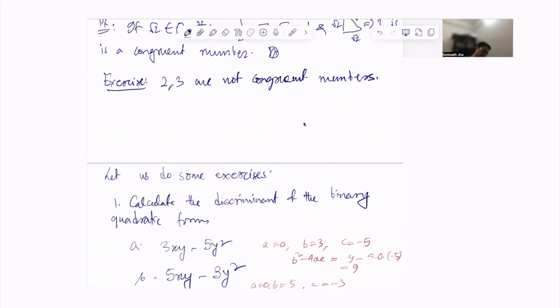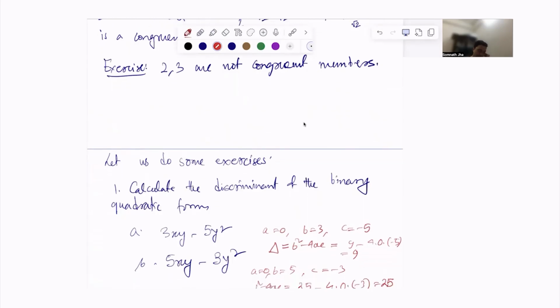And here b square minus 4ac is the discriminant delta. So it is 9 minus 4 into 0 into minus 5. So it's just 9. And the second is 5xy minus 3y squared. So a is equal to 0 again, b is 5, and c is minus 3.